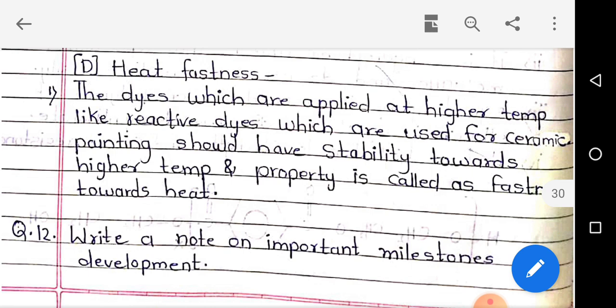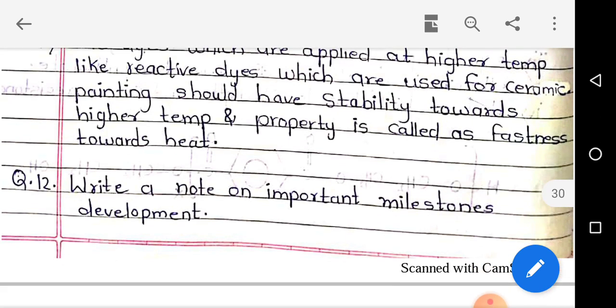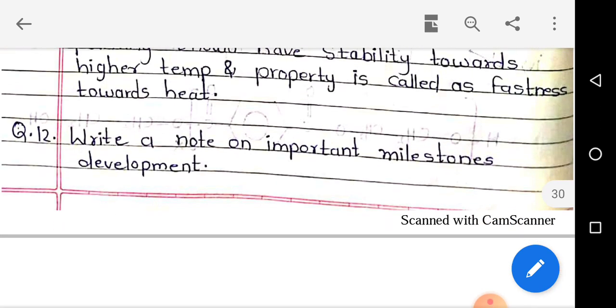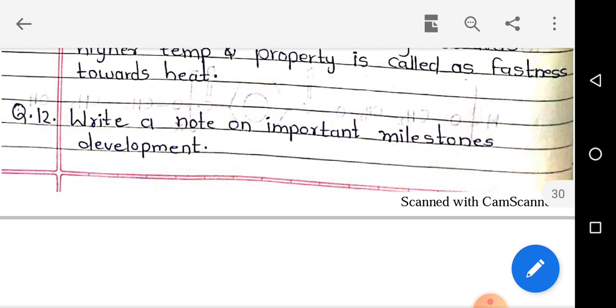Hence the dyes which are applied at a high temperature, like the reactive dyes used for ceramic painting, should have stability towards higher temperature, and this property is called fastness toward heat.